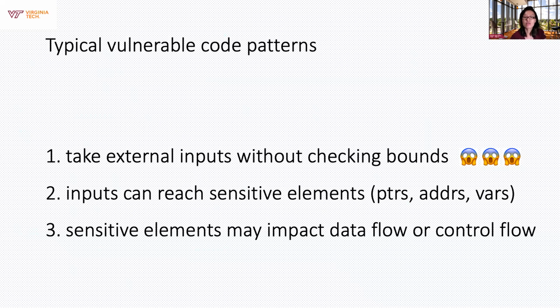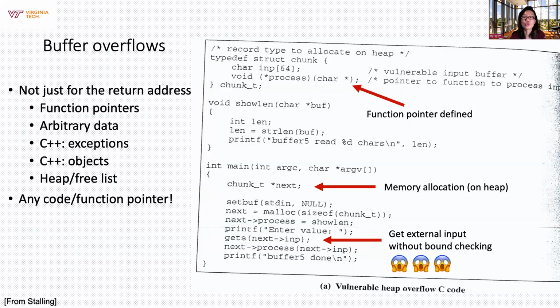And then the sensitive elements are used to make decisions that impact the control flow and data flow. This is where things will get bad. So if you can stop one, that will be the number one, the easiest for the attacker to control, and then prevent those attacks from happening.